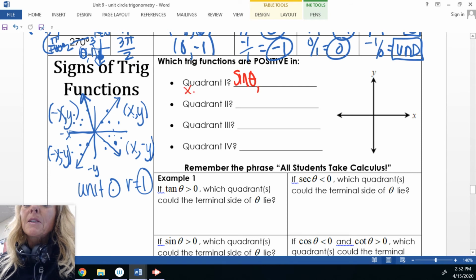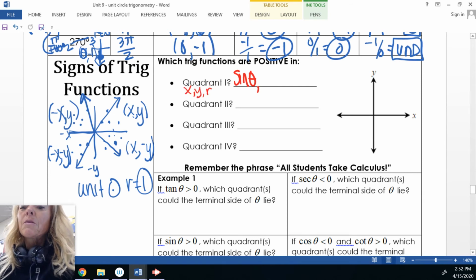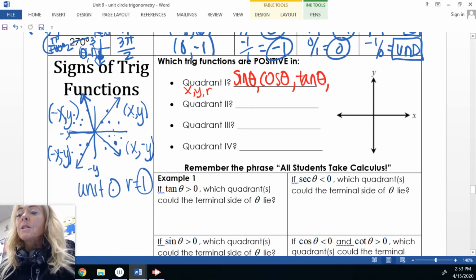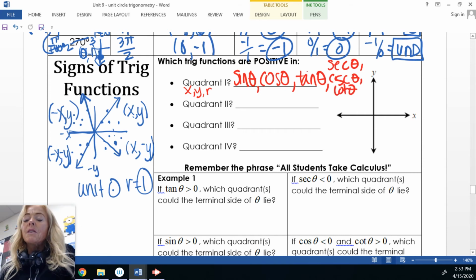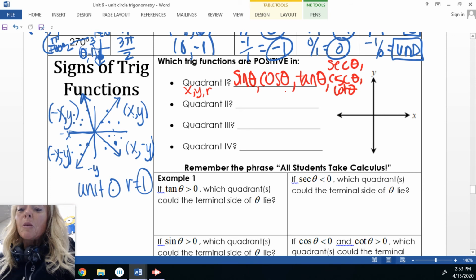We have a positive x, y, and r in quadrant 1. So cosine theta is positive and tangent theta is positive, and then all their reciprocals, which are secant theta, cosecant theta, and cotangent theta. Every single one of the trig functions is going to be positive because my x, y, and r are positive.